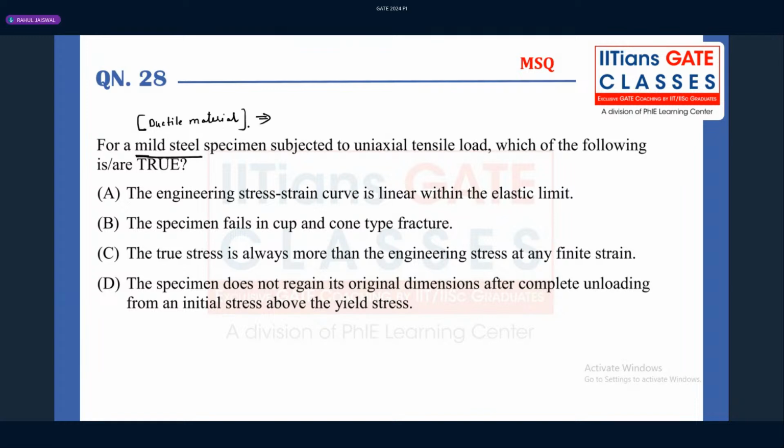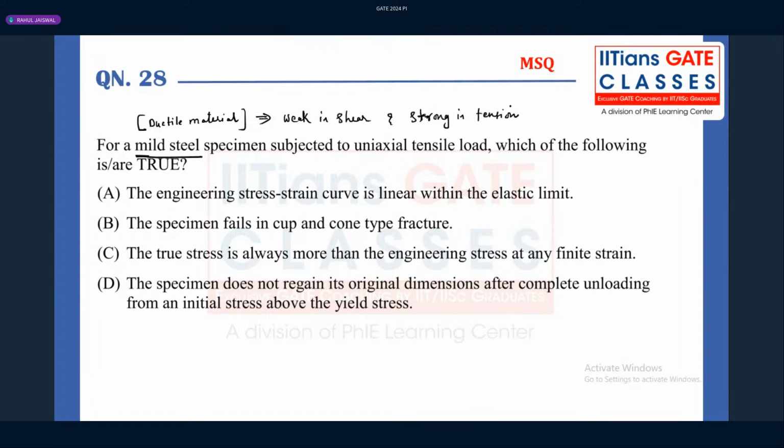Straight away, you should know ductile materials are very weak in shear and strong in tension. Right? Strong in tension. For a mild steel, it is subjected to a uniaxial tensile load. Which of the following statements is or are true?